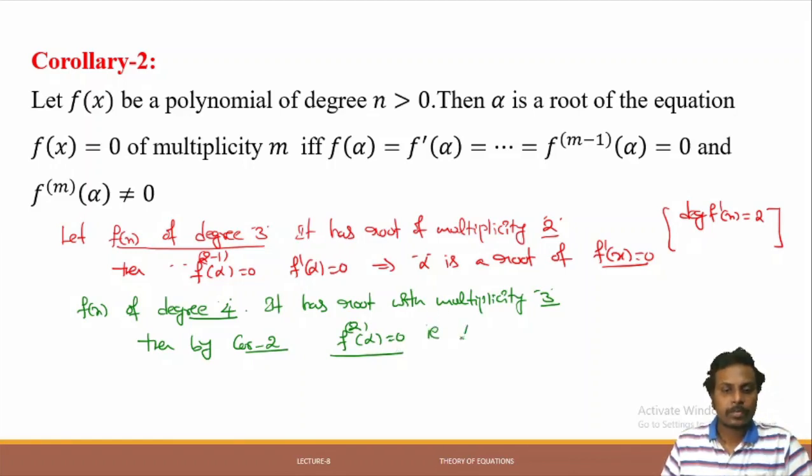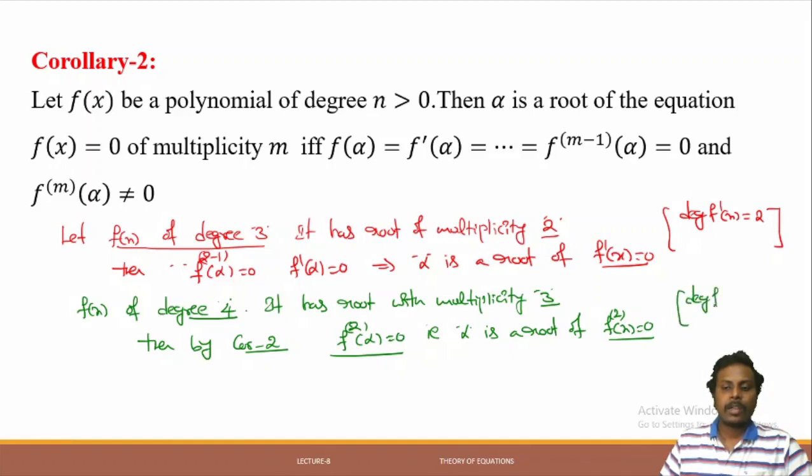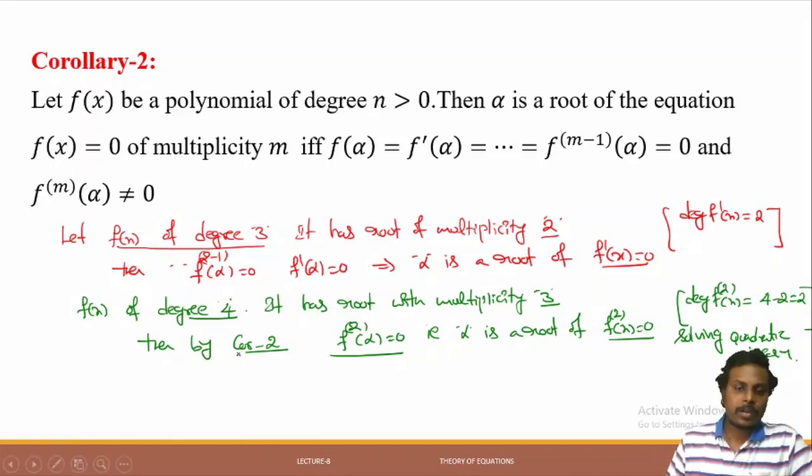That is, alpha is a root of the double derivative of f equal to 0. So what is the degree of the double derivative here? Degree of double derivative is equal to 4 minus 2, that is equal to 2. Now solving a quadratic equation is easy. Okay, so this is how you can find a multiple root of a degree 4 equation.